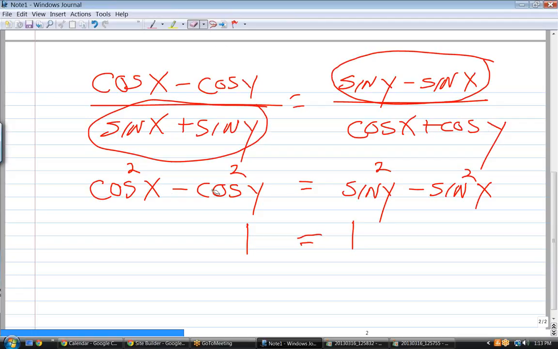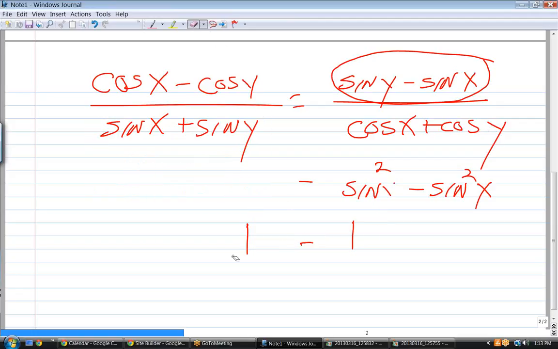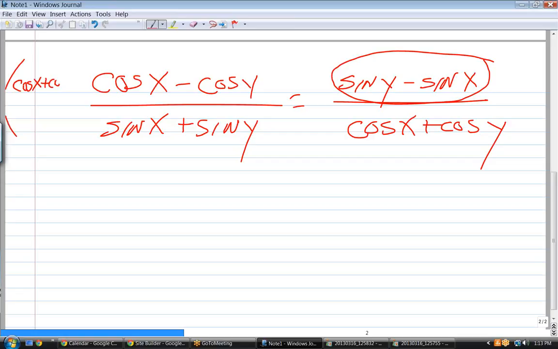So, in other words, instead of cross-multiplying, which is one of the no-nos in proving trig identities, let's go ahead and multiply the left side by cosine x plus cosine y over cosine x plus cosine y. That is something you're allowed to do, because all I'm doing is multiplying the left side by the number 1.